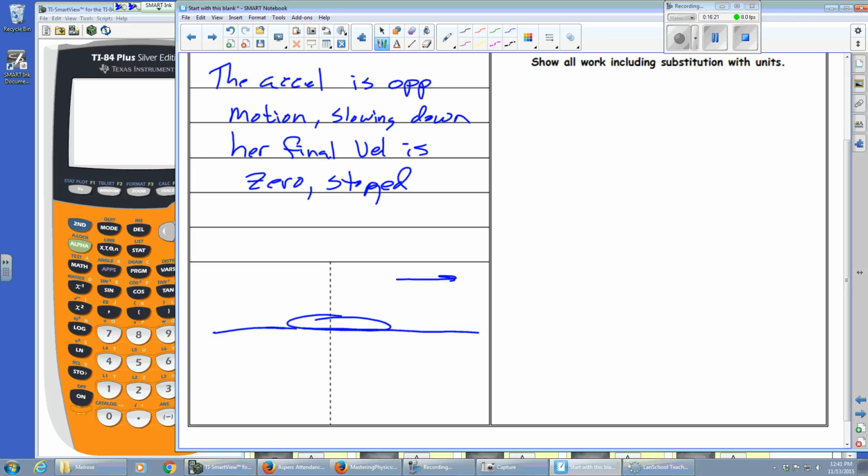And she'd be moving in this direction. She'd have a weight down, a normal force up, and a frictional force in that direction, and her acceleration is in that direction. Okay, well, we'll give her feet. How about that? Maybe a head. Okay, there we go. She looks like she's in a sleeping bag.